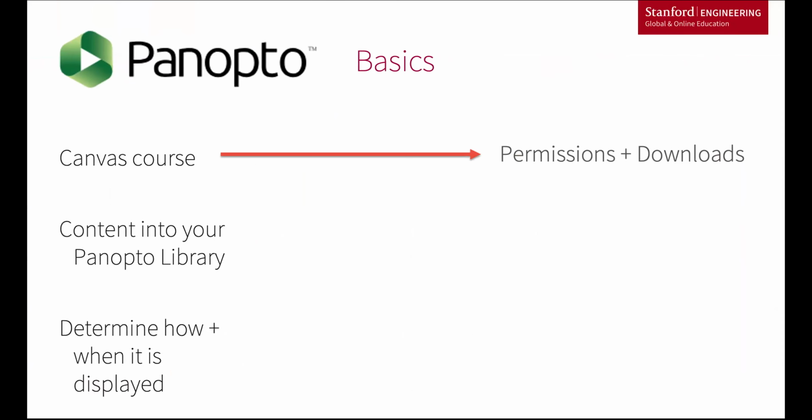All right, so we already reviewed some Panopto basics on how permissions work and some site-wide defaults. You'll want to consider how you're going to get content into your library, into that course folder, whether you're going to record with the Panopto recorder, upload content, or rely on the Panopto Zoom integration to get content to share with your students.